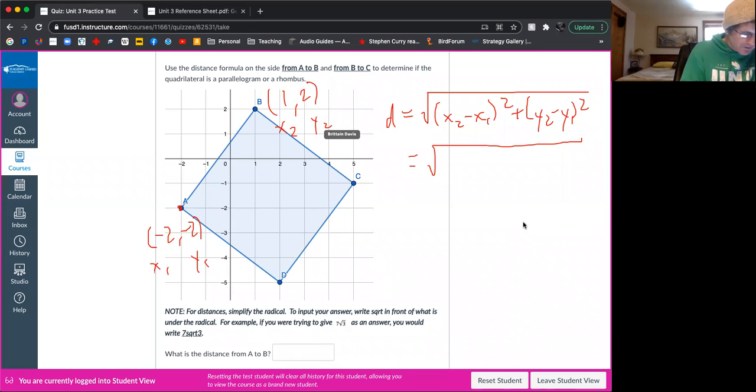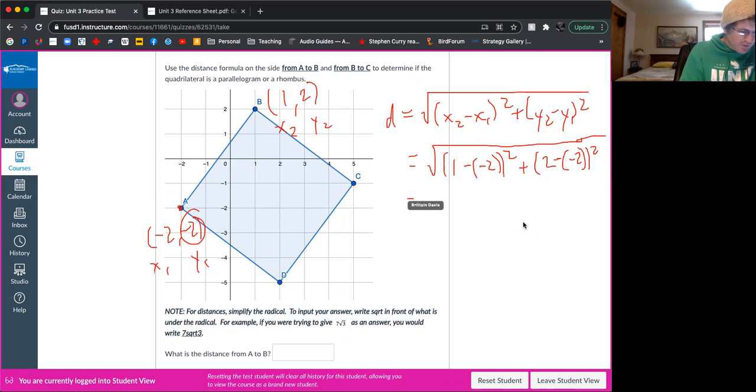So x sub 2 gets plugged in. I could flip these around, it doesn't matter, but it's going to be 1 minus -2 squared plus y2 is 2 minus, and y1 right down here is -2 squared.